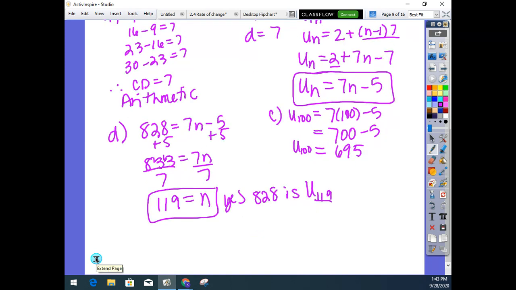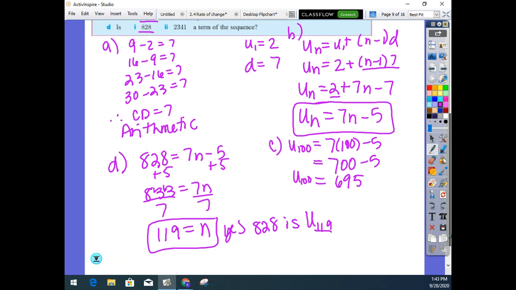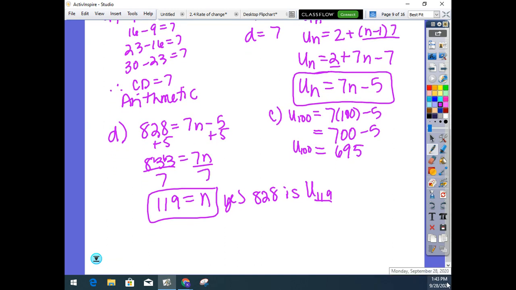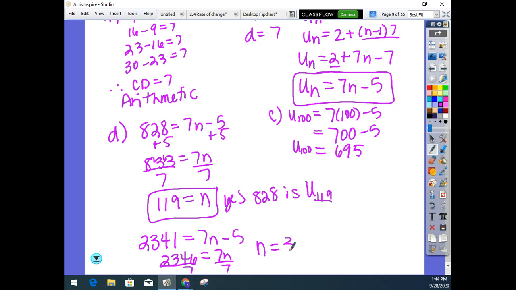Finally, let's see what number I need. 2341. Is this a number that makes n into a whole number? So add 5. Divide by 7, and I get 335 and 1/7.